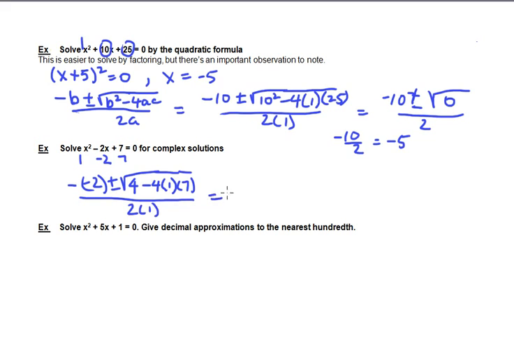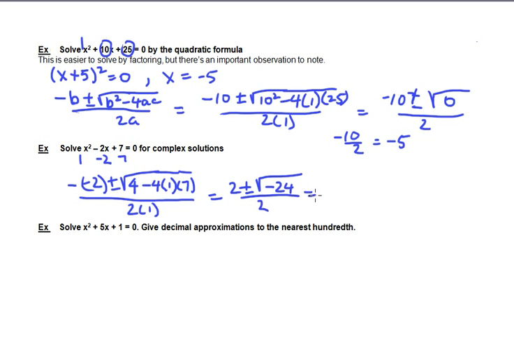So we get a positive 2 over here, plus or minus the square root of, and then the second term, 4 times 7 gives us 28, but this is subtracted. So 4 minus 28 gives us the square root of a negative 24. And that's going to give us an imaginary number.